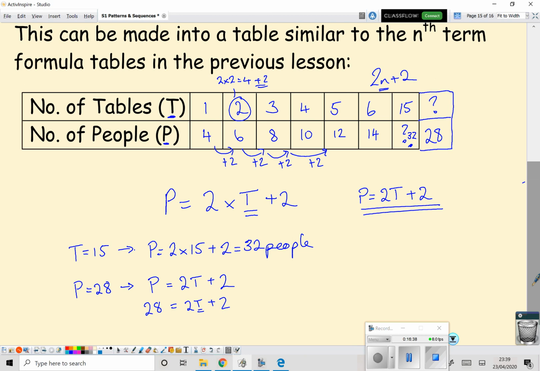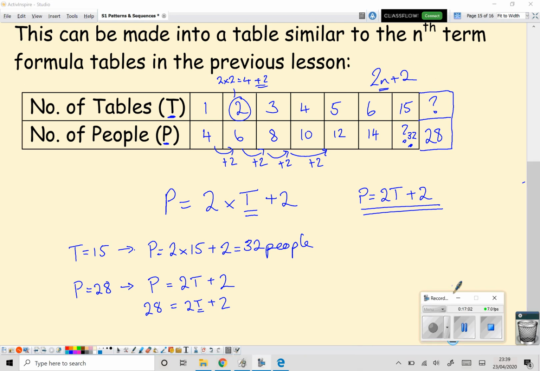You just need to be able to solve the equation. If you can't in this lesson, please don't worry about it. You can go through the equations unit, which we will do over the coming weeks, and then come back to some of these questions once your equation solving skills are a little bit more improved.